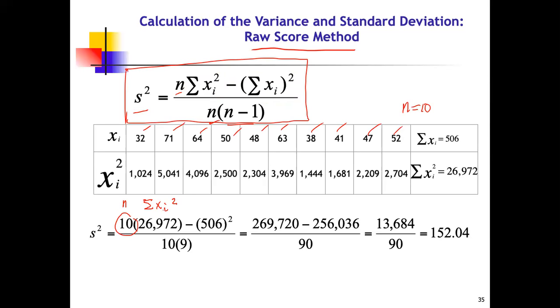So that is the sum of all squared values in our data set, and that is given by this value, which is 26,172, minus the square of the sum.